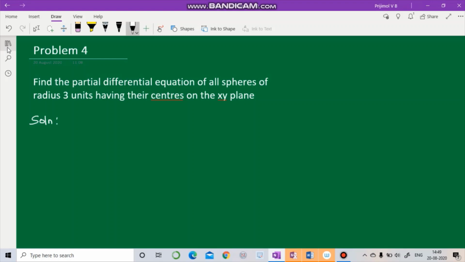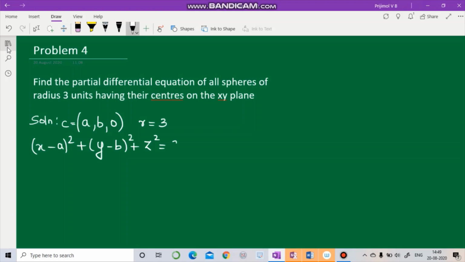Since it is the xy plane, the center will be a, b, 0. And what is the radius? Radius is 3 units. So this is the center of that sphere. Now let us write the equation of the sphere. So the equation of the sphere will be (x minus a) whole square plus (y minus b) whole square plus z square equal to 3 square. So this is the equation.